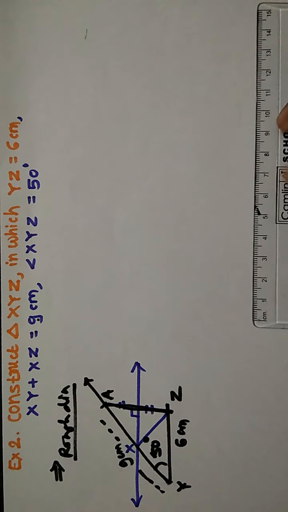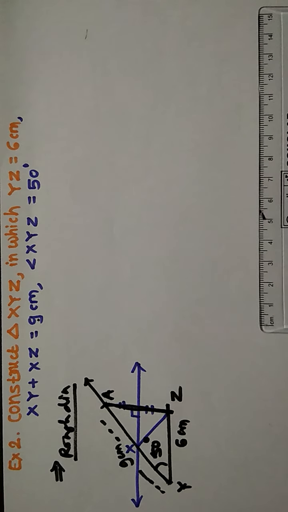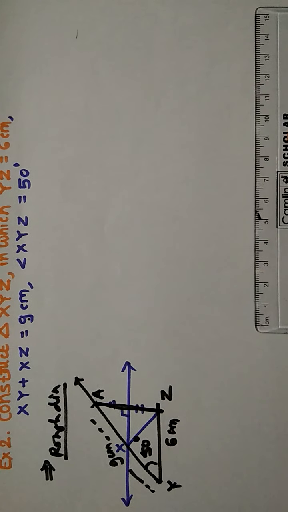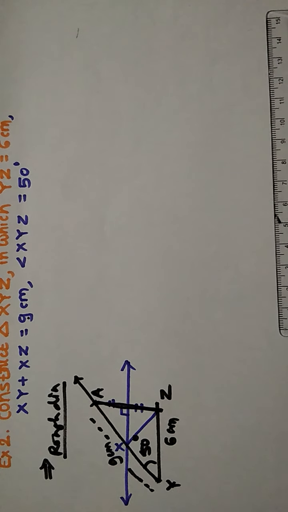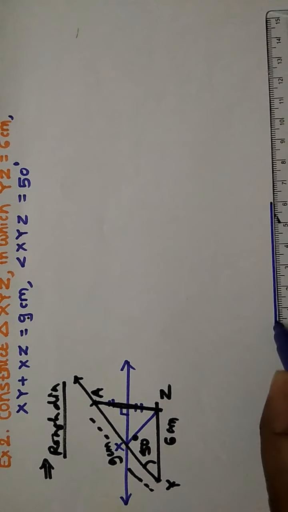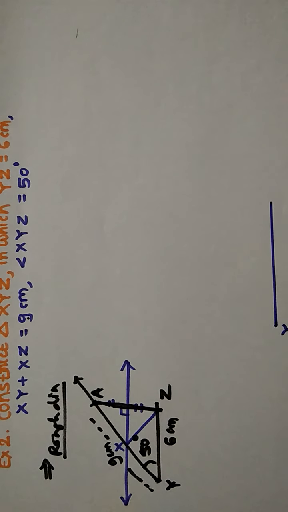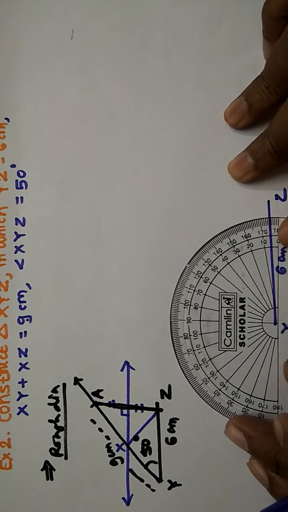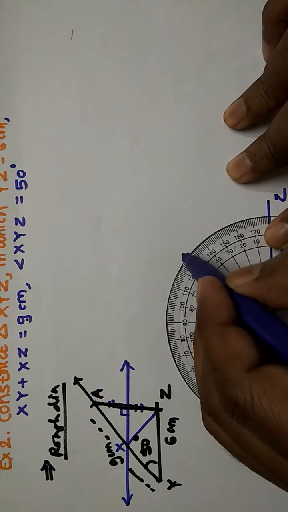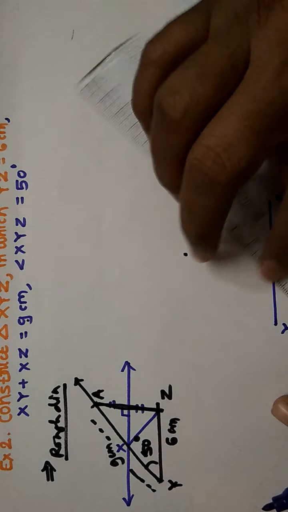See here. First we draw YZ having length 6 centimeter. Take angle Y having measure 50 degree.